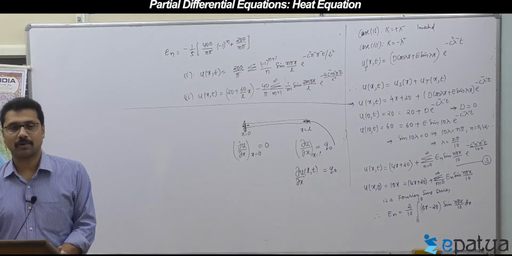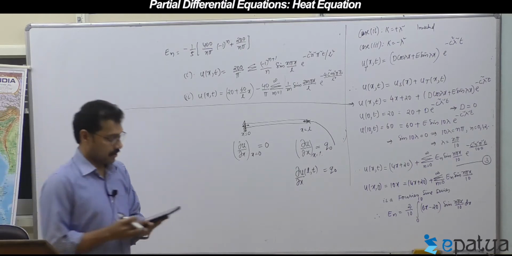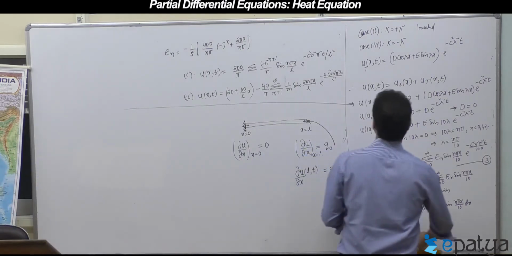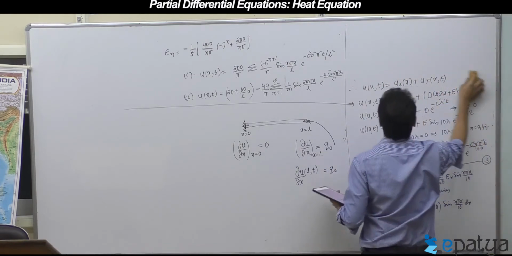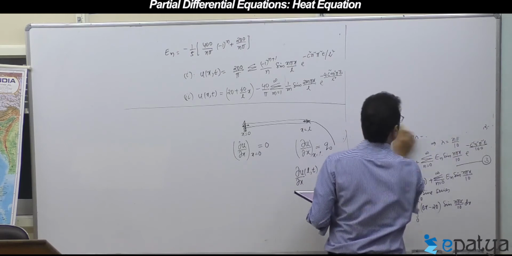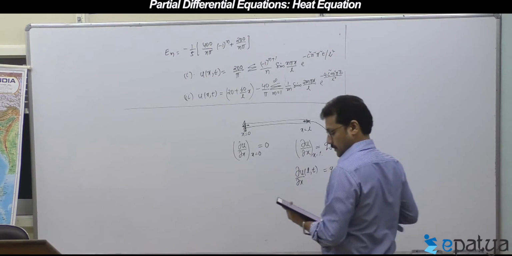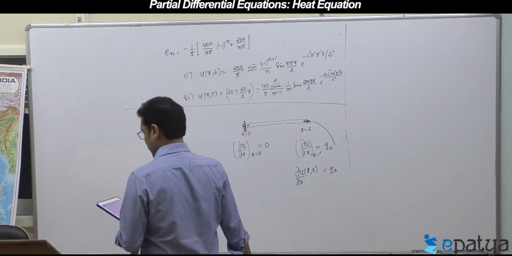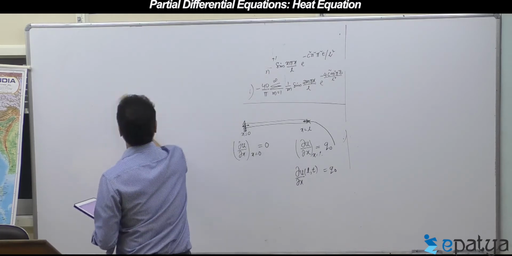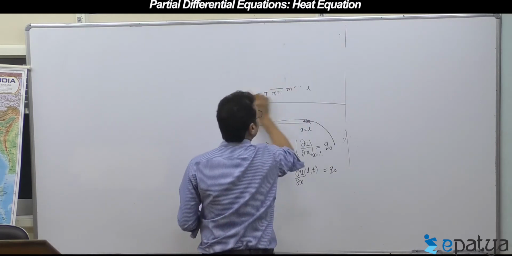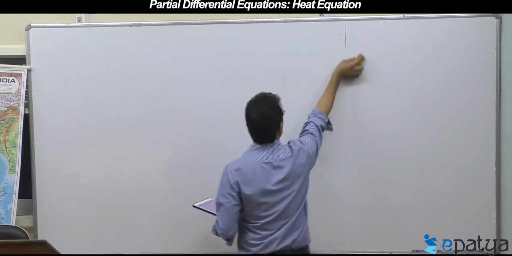A uniform rod of length L whose surface is thermally insulated is initially at a temperature U naught at time t equal to 0.